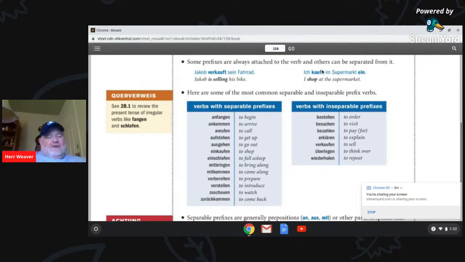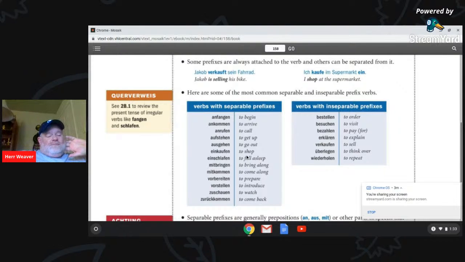Here is a good example on the right. It says, "Ich kaufe im Supermarkt ein." You take the verb kaufen, to buy, but by adding ein to the verb, einkaufen is the verb to shop. Kaufen means to buy, so it's related to shopping, right?